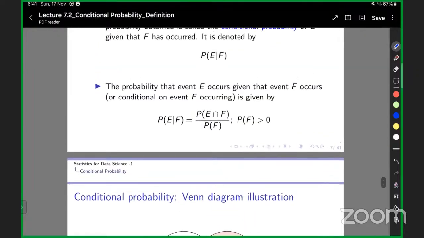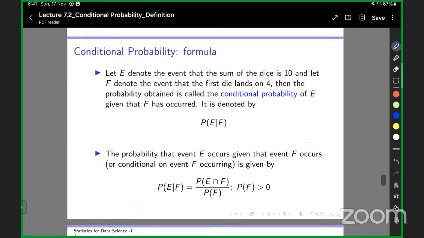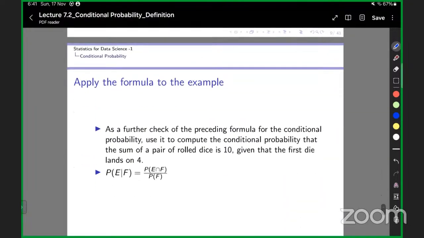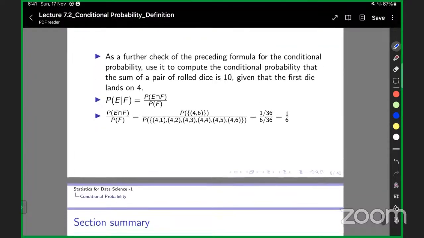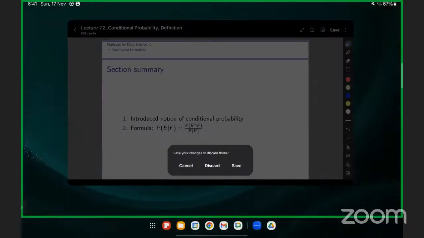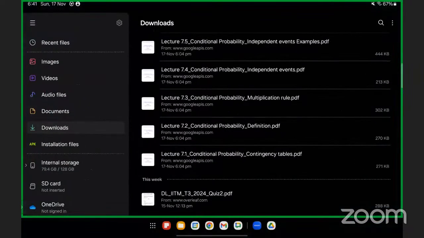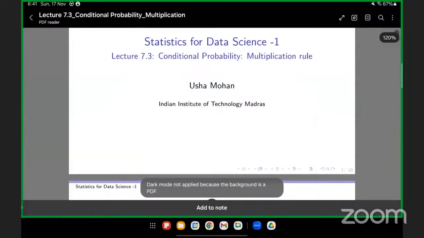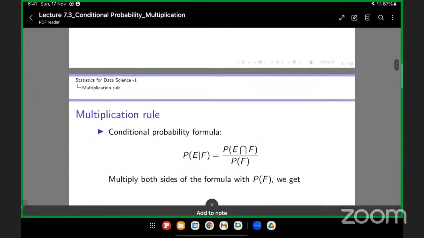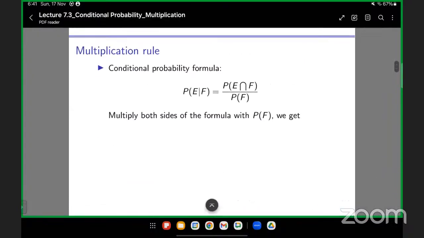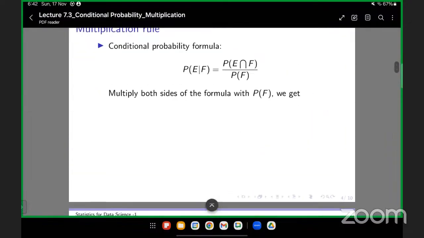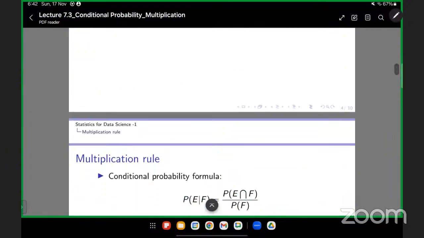given F. Okay, this part actually, I think we were doing independent multiplication. Okay, so see, now this is the multiplication rule, right? So don't get confused.